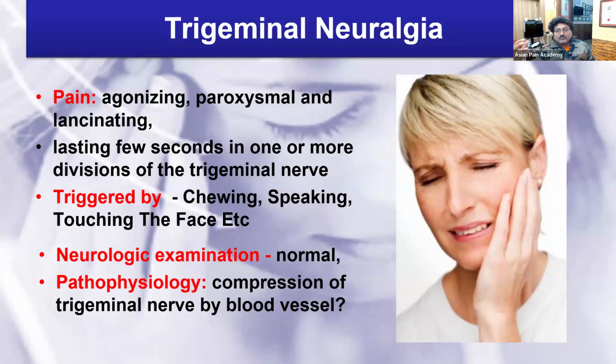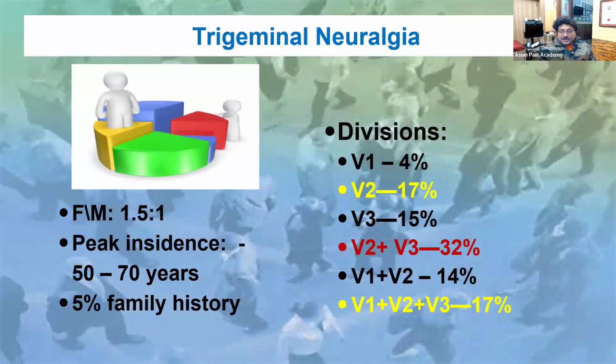It is triggered by chewing, speaking, touching the face, etc. And regarding pathophysiology, in the most common cases of idiopathic trigeminal neuralgia, there could be an aberrant vessel, but it is not necessary. That's why I have put a question, because in a number of cases we found no anomaly in the blood vessel, even in MRI. Though you should remember, in every case of trigeminal neuralgia, nowadays there is no excuse for not doing an MRI because it is so important.